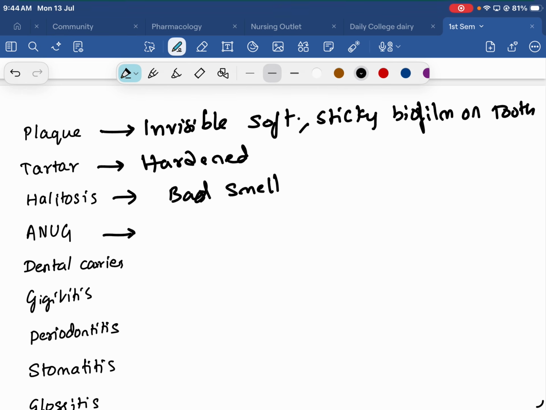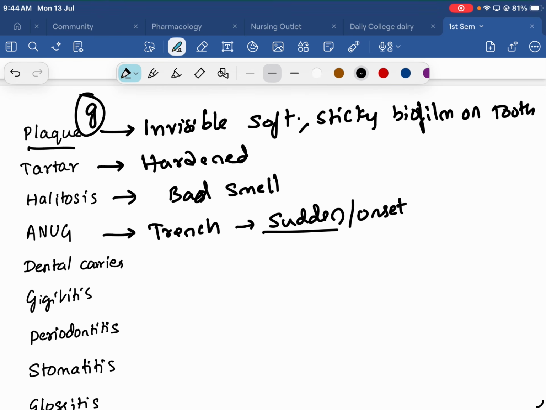ANUG, it is also known as trench mouth, right? So what is it? Acute. Acute means suddenly it will come. Acute means sudden, or else we can say onset. So plaque is gradual.